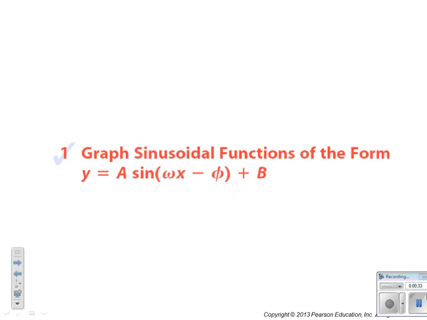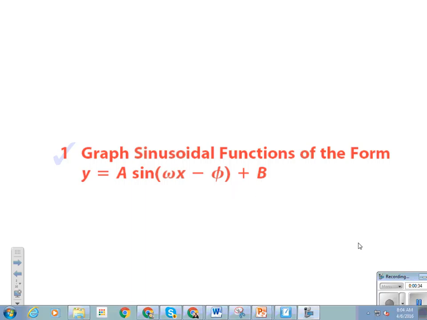But I'm going to say b for all intents and purposes. So we're going to manipulate each piece of this equation to get the graph that we want.